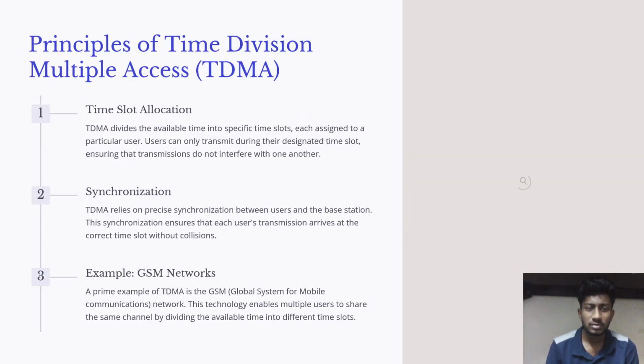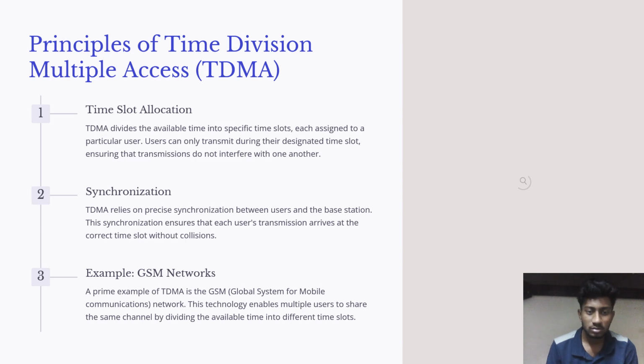Principles of time division multiple access. Time slot allocation: it divides the available time into specific time slots, each assigned to a particular user. Users can only transmit during these designated time slots, ensuring that transmissions do not interfere with each other. Synchronization: TDMA relies on precise synchronization between the user and the base station.